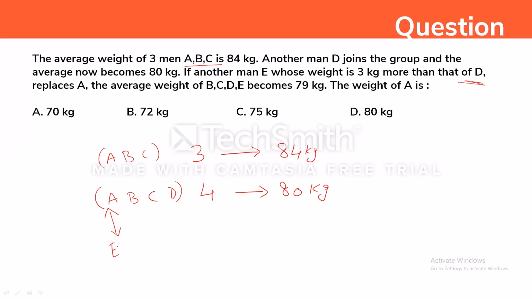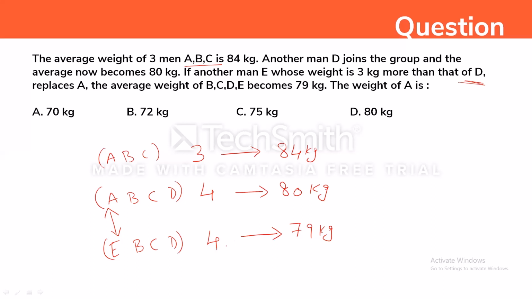First, we'll write who is replacing and who is being added. Now E is replacing A. Remaining members are the same: B, C, D. The count will not change in the third statement. Average is 79 kgs. I hope you are clear how I have written all these conditions.